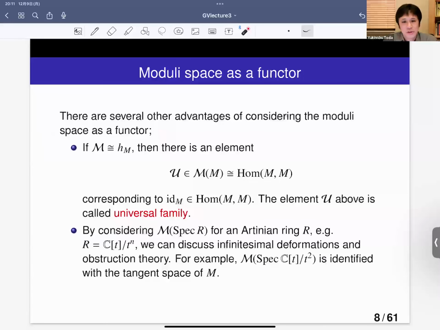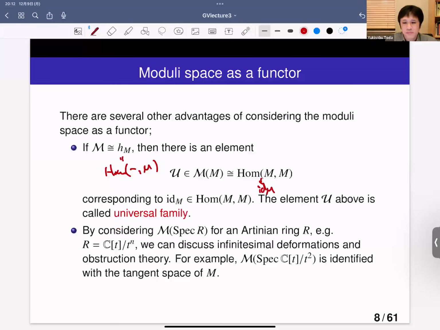And there are also several other advantages of considering the moduli space as a functor. First of all, if the moduli functor is representable, then by definition there is a tautological element. This means that if the moduli functor is isomorphic to the representable functor h_M, then there is an element corresponding to the identity.